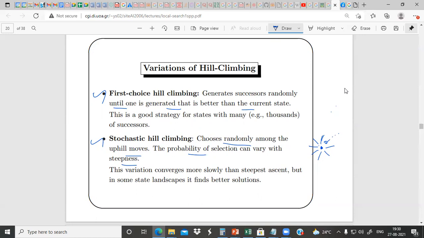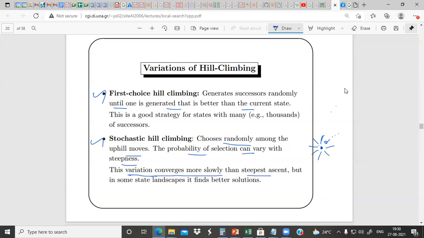So it depends on the number of uphills. The probability of selection can vary with the steepness, so the probability at which something is selected or not selected may depend on the steepness of that particular direction. This stochastic hill climbing converges more slowly than the steepest ascent.